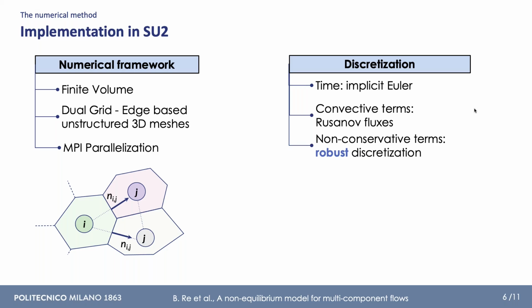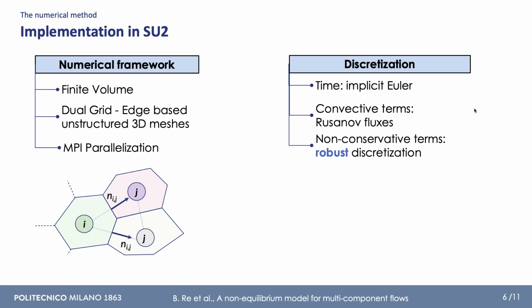We use an implicit Euler for the time integration, and we use Rusanov fluxes for the convective terms. For the non-conservative terms, the ones that involve the gradient of alpha and that were in the red box in the previous slide, we need a special treatment because we cannot apply a standard upwind scheme to these non-conservative terms, otherwise we'll have some oscillation.